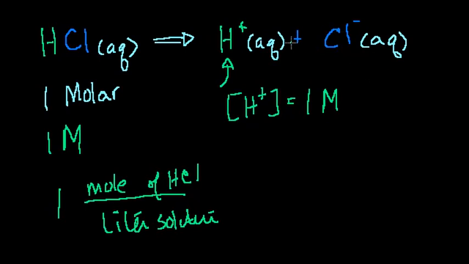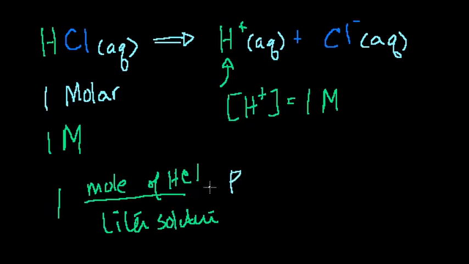We want to figure out, well, if I haven't said it already, it would be nice to figure out what the pH of this solution is now that I've thrown hydrochloric acid in it. Well, the pH is just the hydrogen concentration. So, well, we already have the hydrogen concentration. That's 1 molar, or 1 mole per liter of solution.